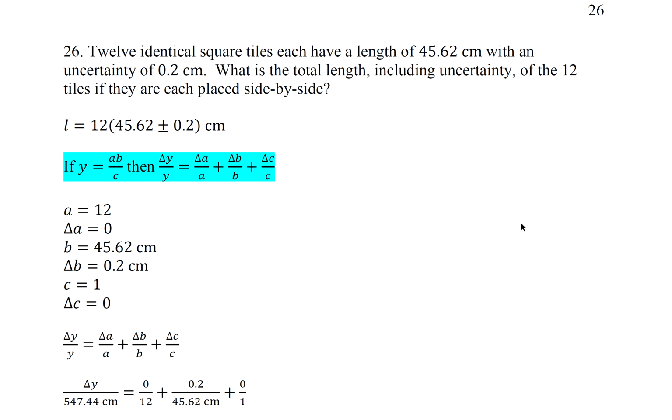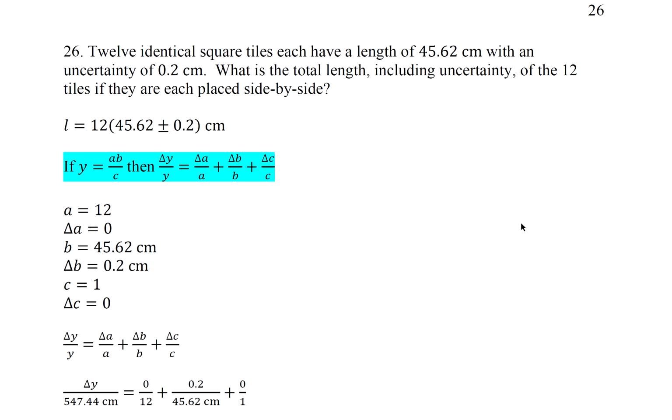Question 26. 12 identical square tiles each have a length of 45.62 centimeters with an uncertainty of 0.2 centimeters. What is the total length, including uncertainty, of the 12 tiles if they are placed side by side? So our equation is, given, L equals 12 times 45.62 plus or minus 0.2 centimeters.